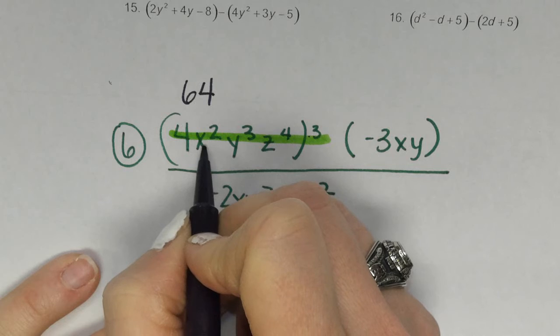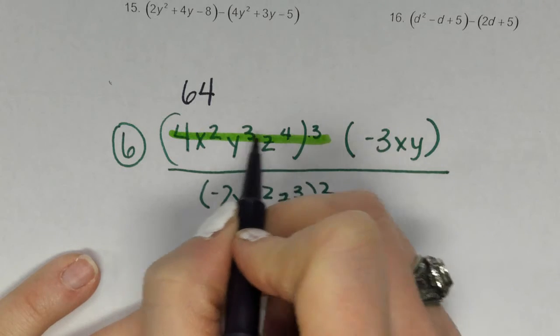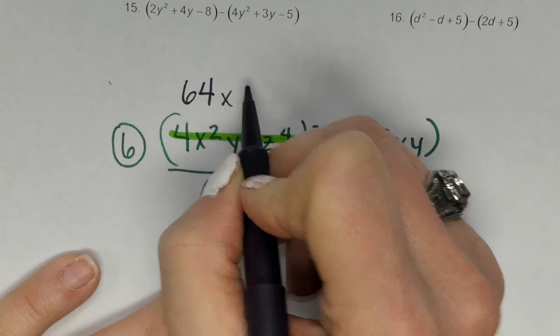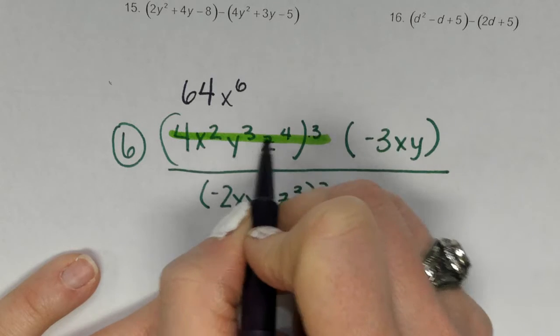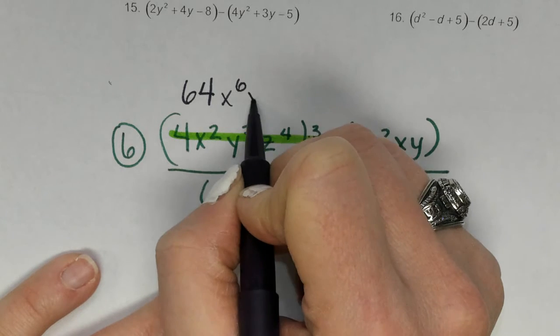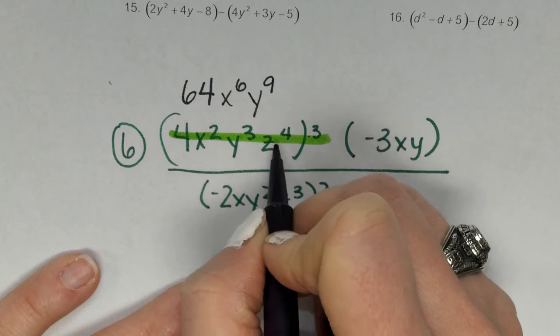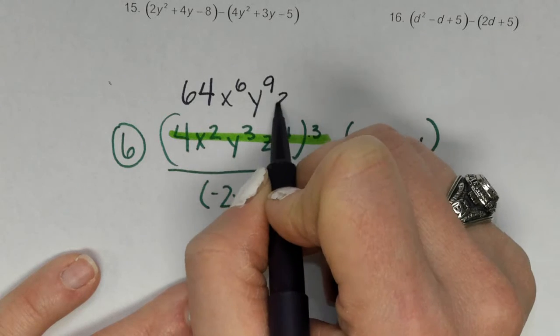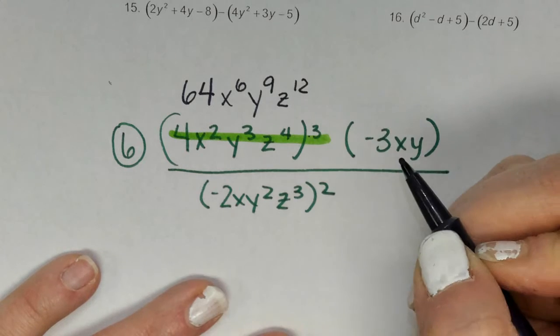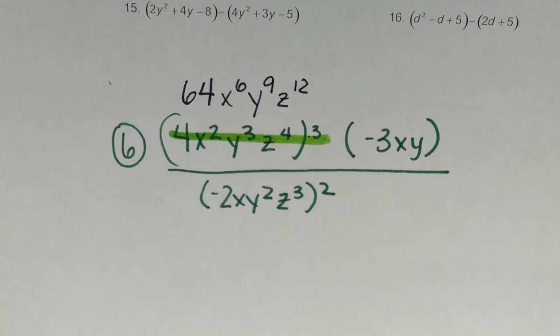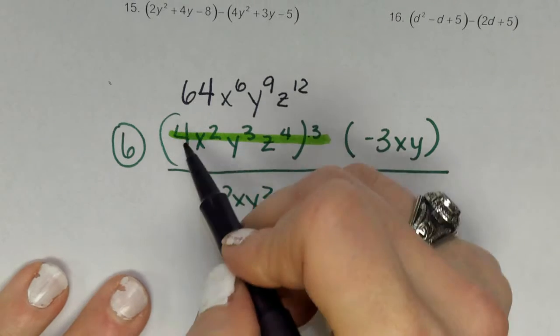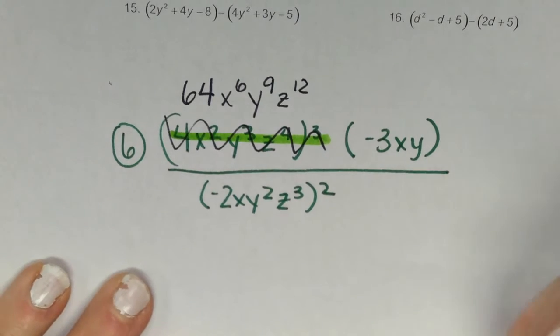Then we're going to go to our x's. x to the second to the third power. We're going to multiply those because it's power to power. y to the third is y to the ninth. 3 times 3. 4 times 3 would be 12. z to the 12. Okay? So now we're done with this. Kind of scratch that out.